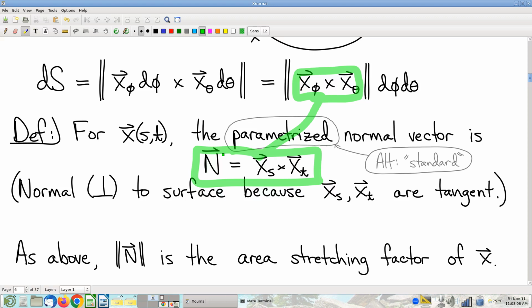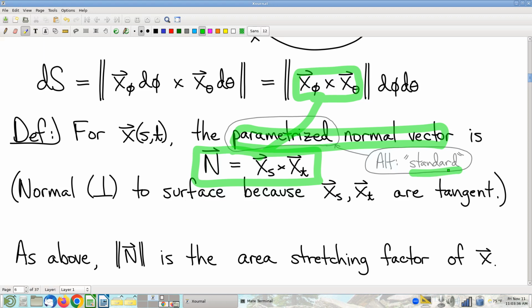I'm going to call this the parameterized normal vector. The book gives it a different name. The book calls it the standard normal vector. I mean, look, it's just terminology. I guess that doesn't matter. But to my ears, when you say standard, that makes it sound like there's something canonical or natural or intrinsic about it, and there really isn't here.